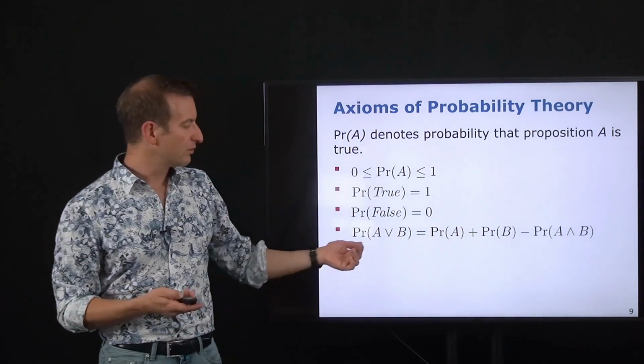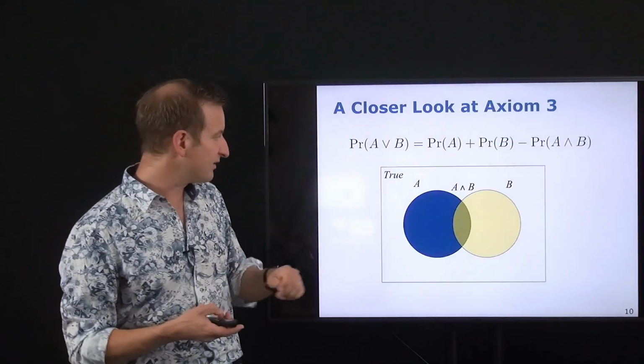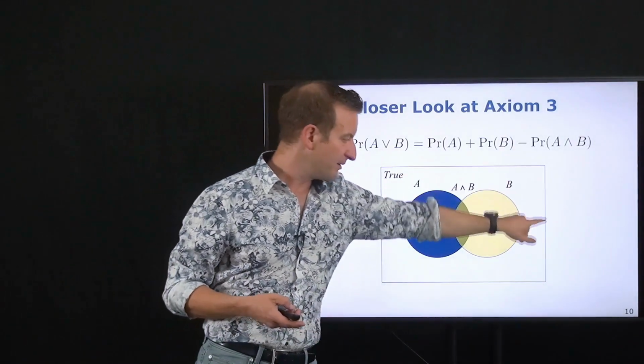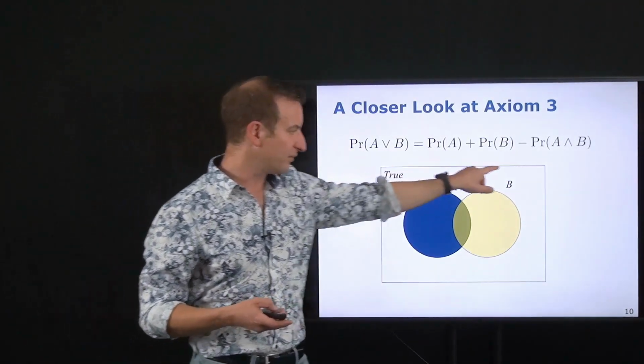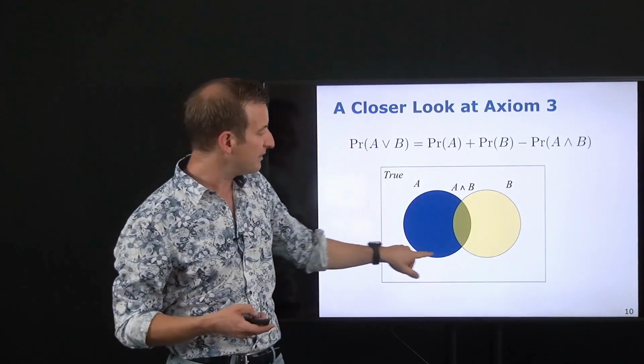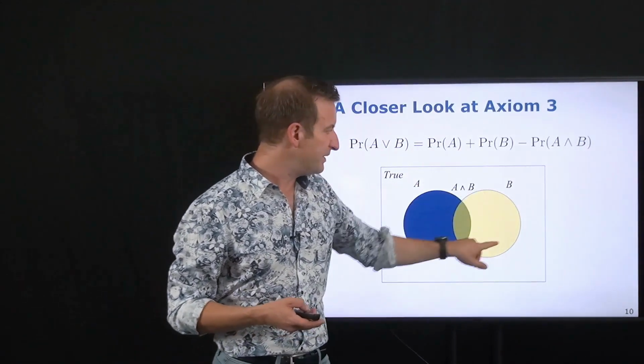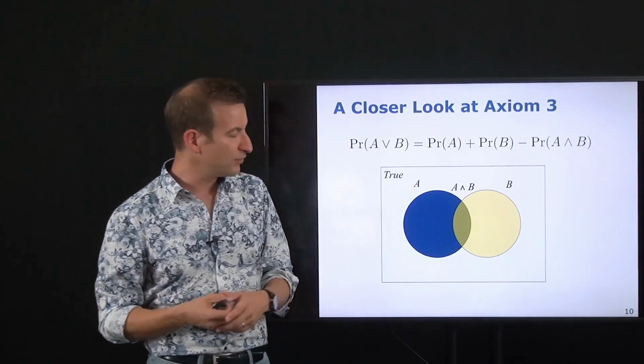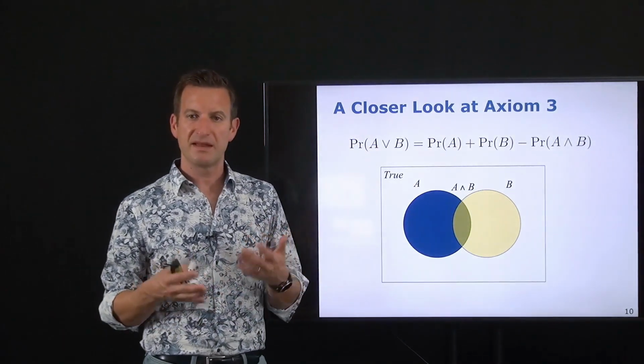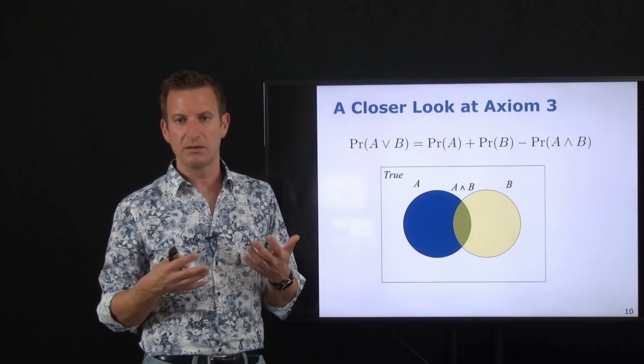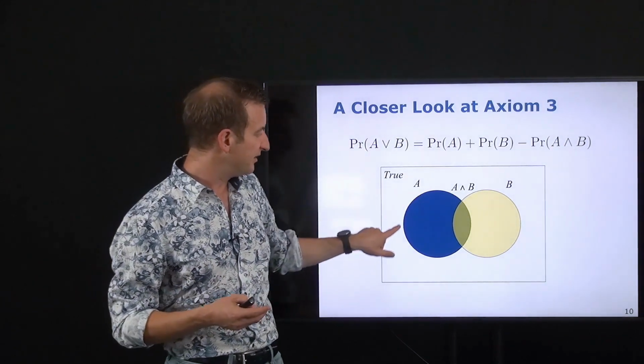So we can also look at this last axiom over here and visualize it. So if this is kind of the whole space of true events, and blue refers to A, and yellow refers to B, then that A or B holds is basically this area over here.